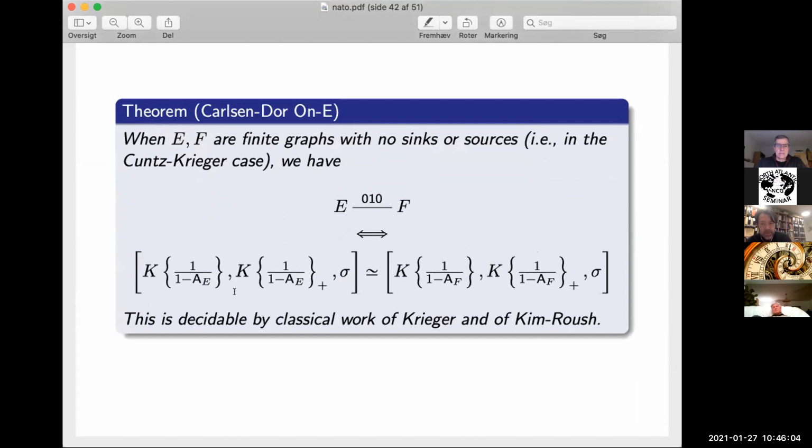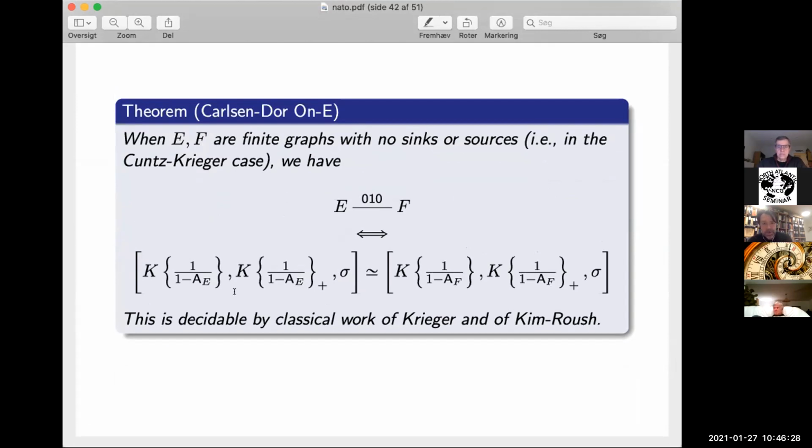So that I have. And then the final statement is that we can also do the 0, 1, 0 case. In a sense, this has been done a long time ago in the primitive case, in work of Bratteli and Kishimoto. But it turns out that the 0, 1, 0 equivalence, which means a stable isomorphism that commutes with the gauge action, you can recast as a question about dimension groups.